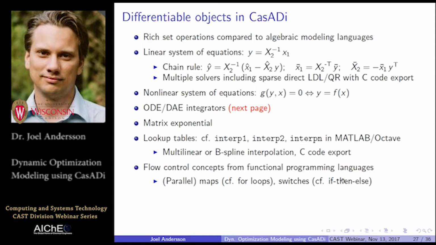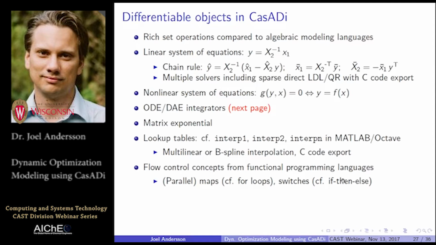Something I'm working on currently, which is not yet in CasADi, is being able to differentiate NLP solver objects. For example, you take your NLP solver object and say, I would like to have the Hessian of the optimal cost with respect to these three parameters.